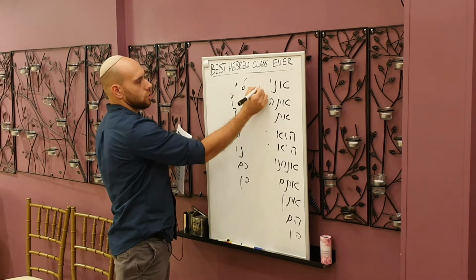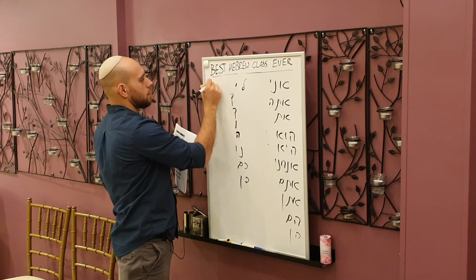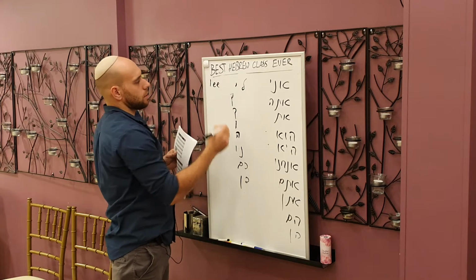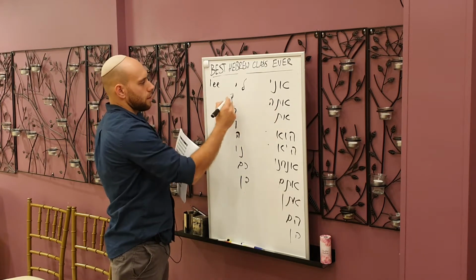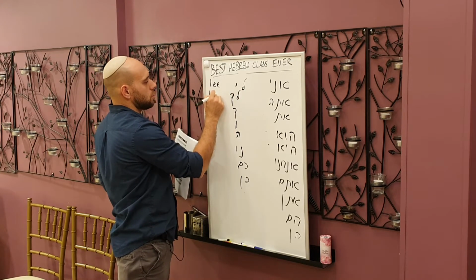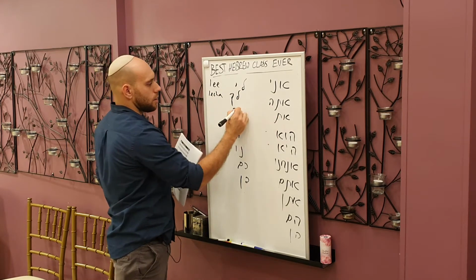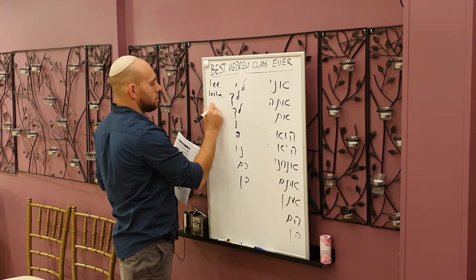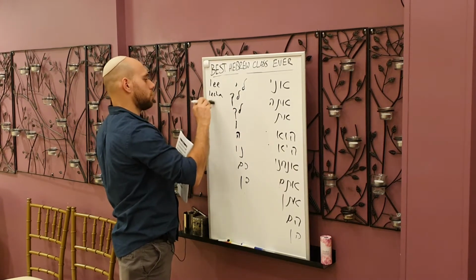Lamed, yud: li, to me. Lecha, to you. Lach, same thing, to you, but for a girl.